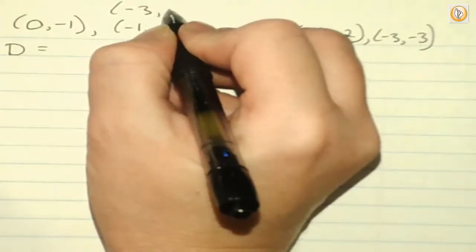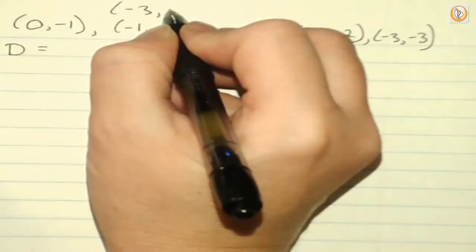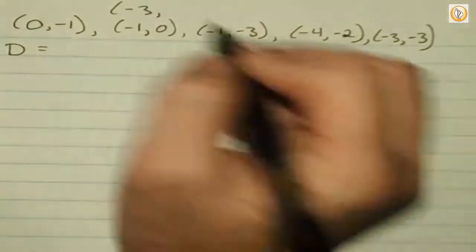And negative 3, we already did that. Negative 1. Okay, so list those.